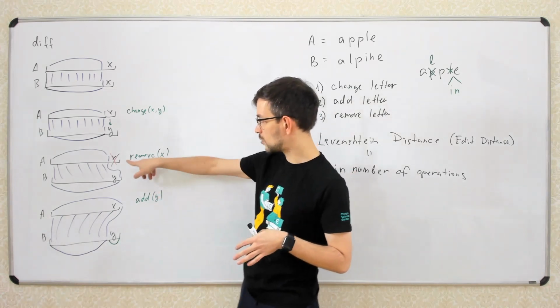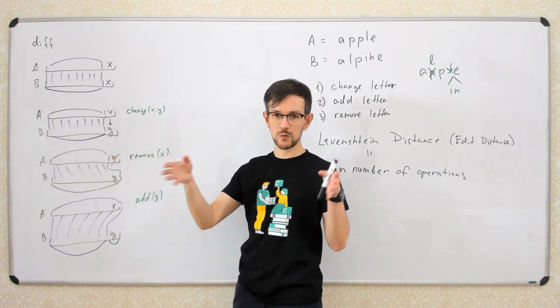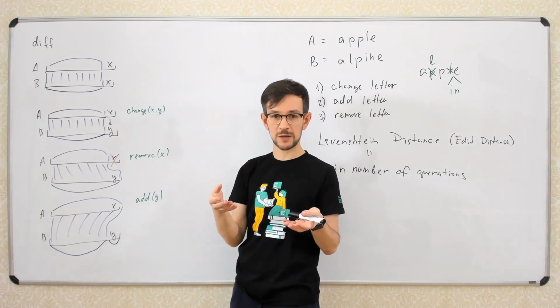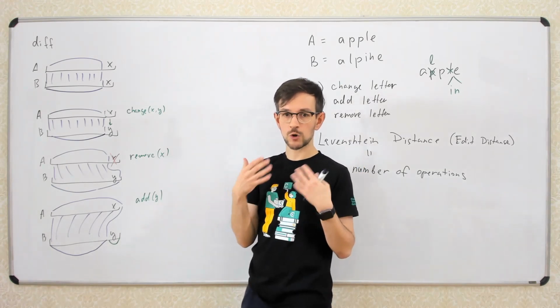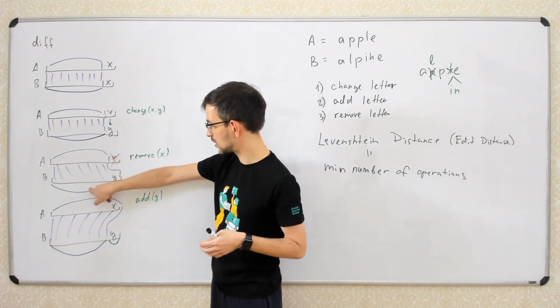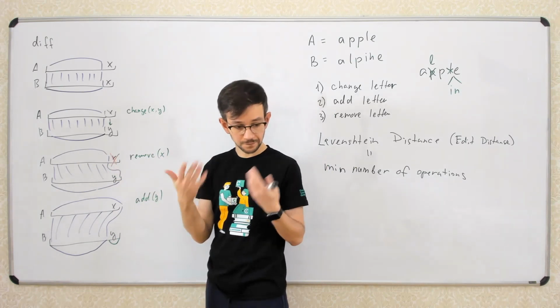So if, for example, we remove this, then we need to produce this string from this string, and so on. So each time we reduce our problem to some smaller problem of the same type. So the problem is always the same. We need to find the minimal number of operations to get this string from this string. But the size of the problem is decreased.